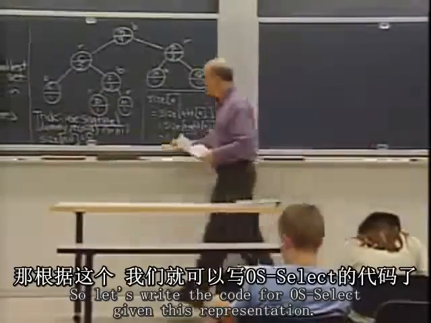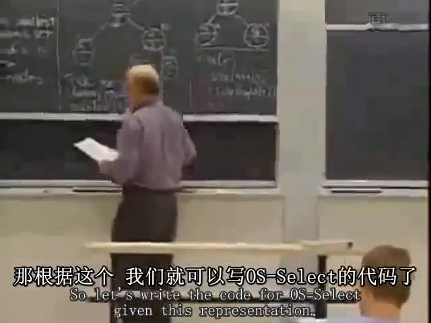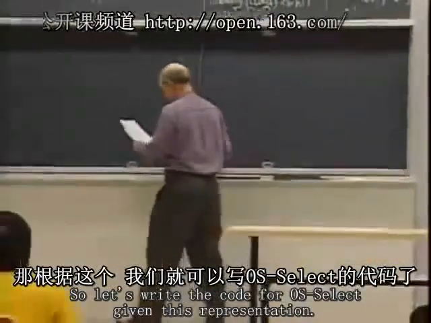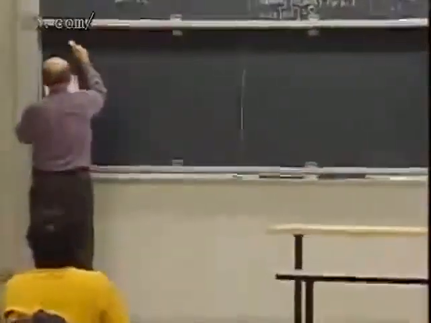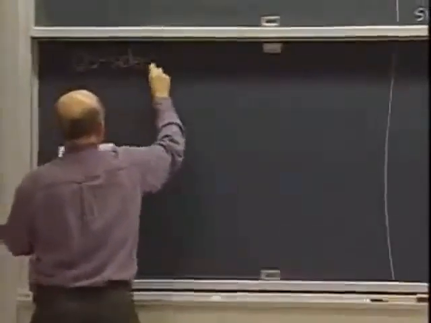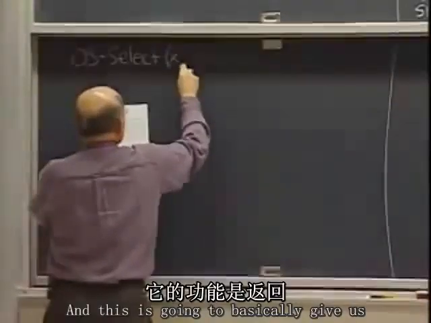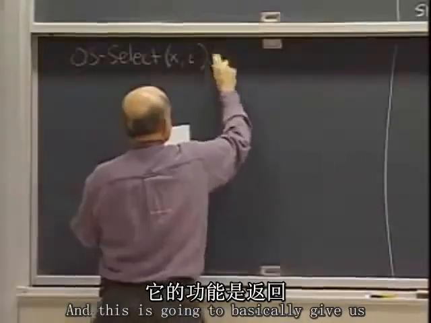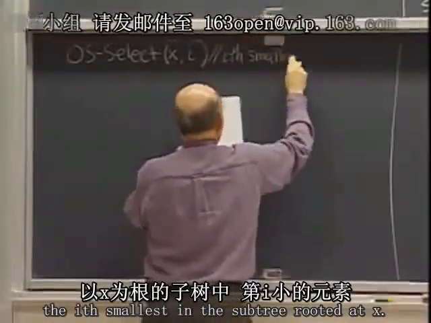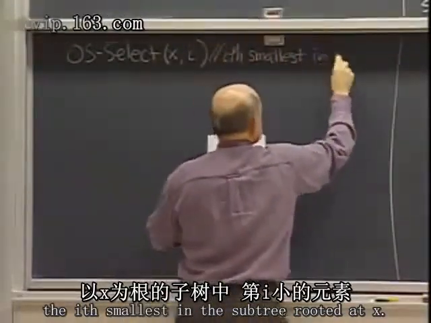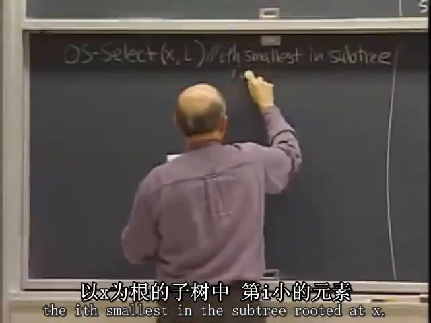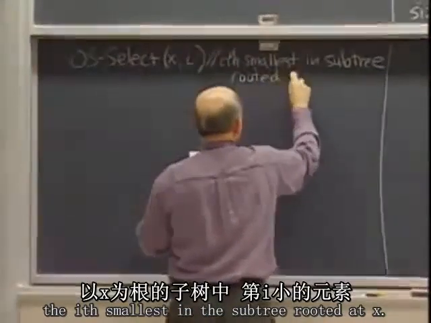Okay, so let's write the code for OS select given this representation. This is going to basically give us the ith smallest in the subtree rooted at x.